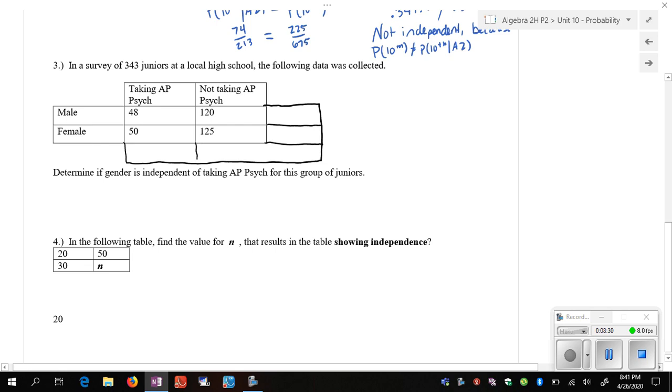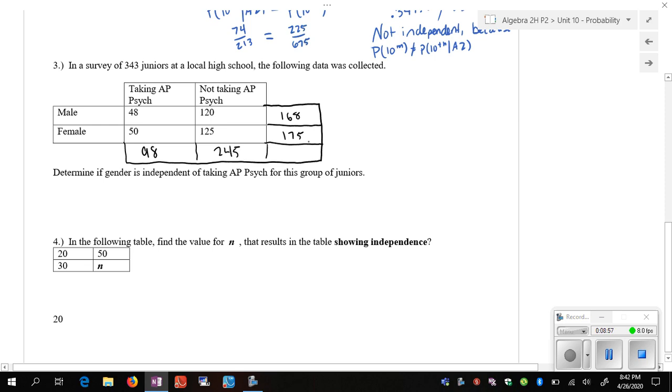So we can see that we have 98 students that are taking AP Psych. We have 245 that are not taking AP Psych. We have 168 that are male and 175 that are female.